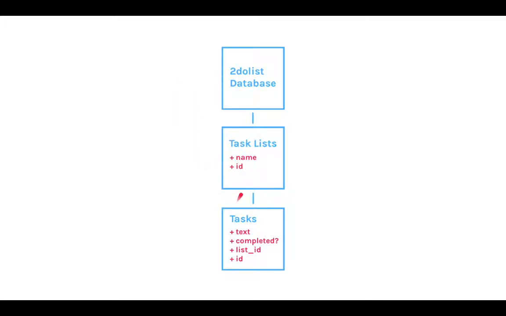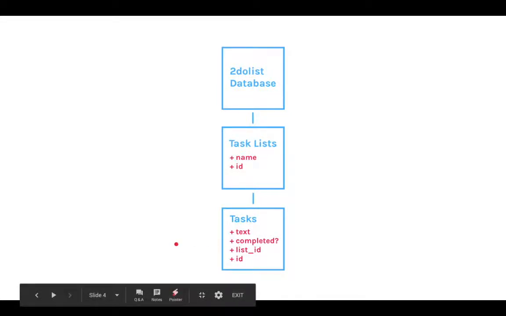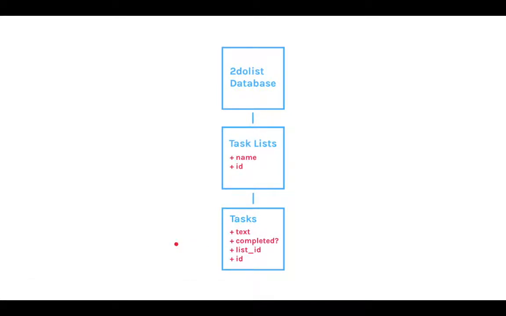Now the ID that you see over here is the list ID. So each task is associated with a list, which means that a task list contains multiple tasks. And the way you associate multiple objects to a single object is by an identification number or a string or whatever that identifies which parent object it belongs to.